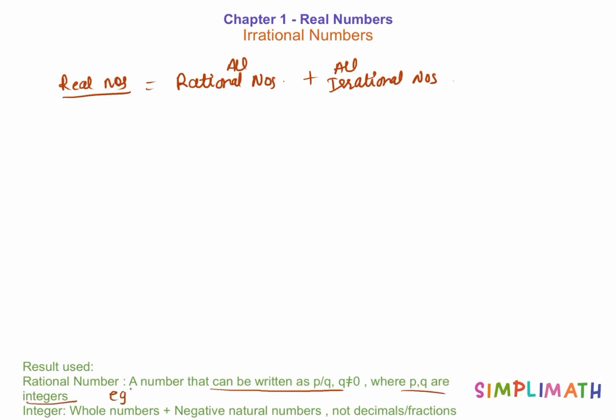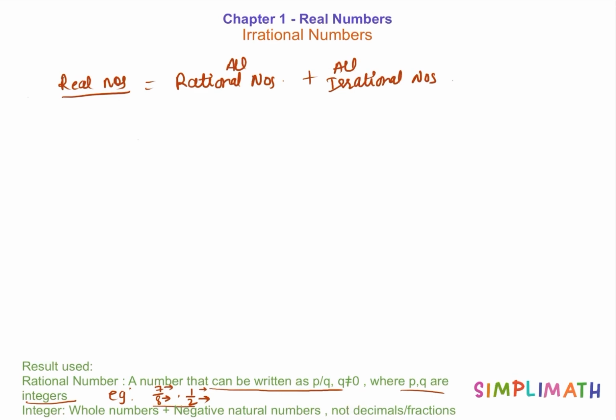For example, we can say 7 by 8, or 1 by 2, because 1 is an integer, 2 is an integer, and 2 is not equal to 0. 7 is an integer, 8 is an integer, but 8 is not equal to 0. So these numbers are rational numbers.